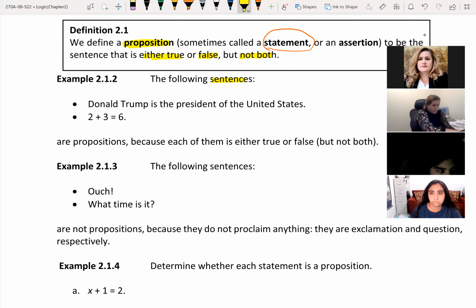I'm going to add one example here of something which is a proposition.